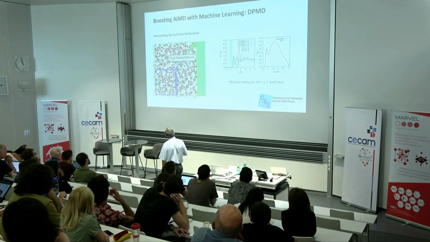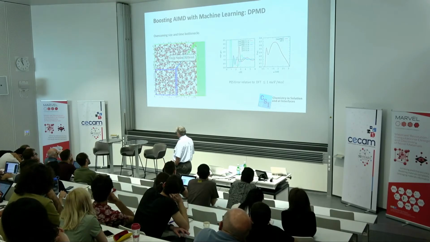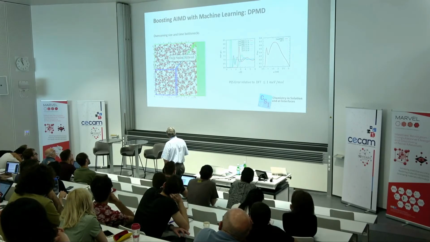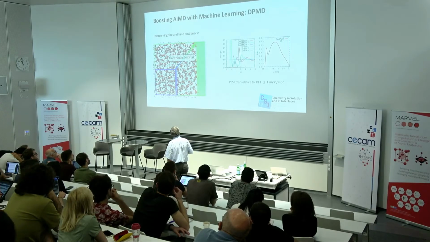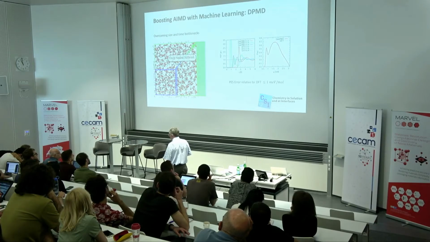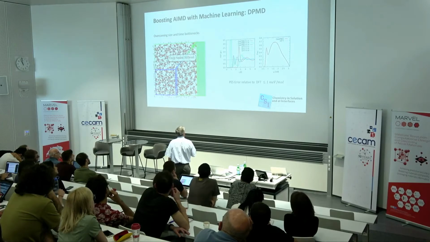So this is a water system. This is the water box that we can do with ab initio MD, and this is the number of frames, the time scale, but when we use this deep neural network, we can go to much bigger systems and follow the evolution over a much longer time scale.